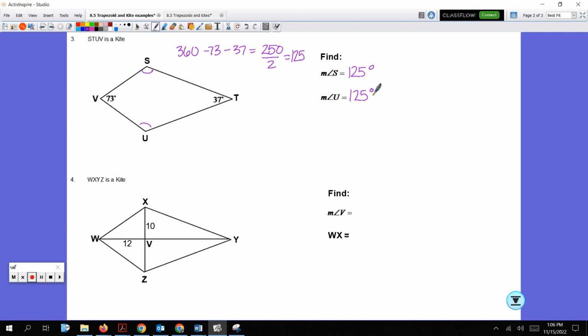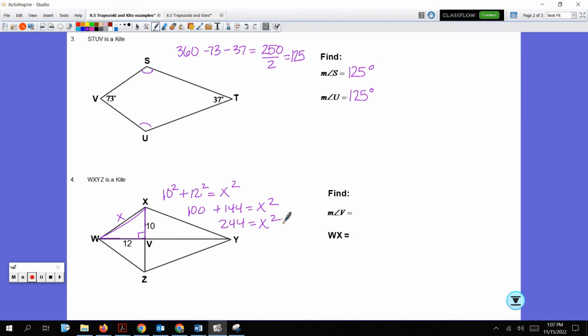All right, remember I told you about the kite. When you have a kite and you have the diagonals, it creates a right triangle. I can find this length by just doing the Pythagorean theorem. 10 squared plus 12 squared equals, let's just make this x squared. So 100 plus 144 equals x squared. 244 equals x squared.